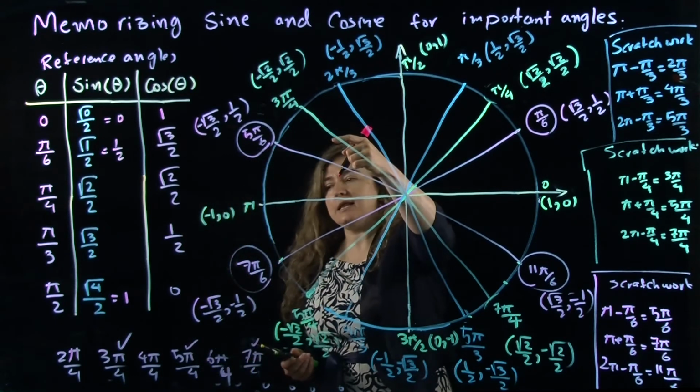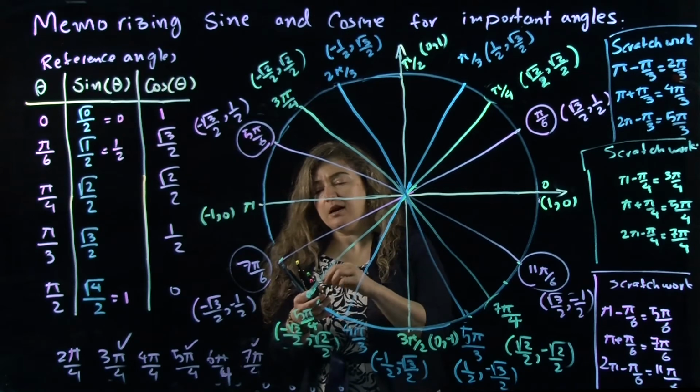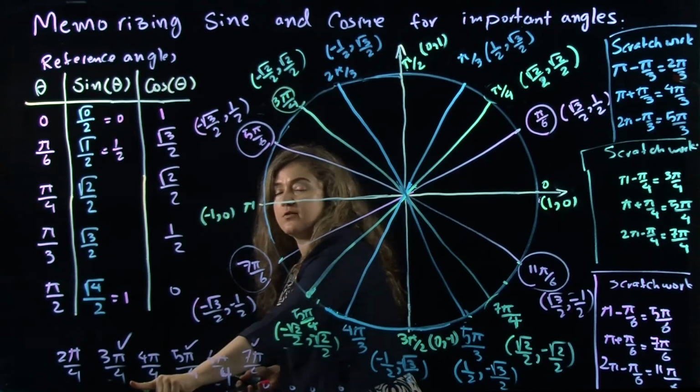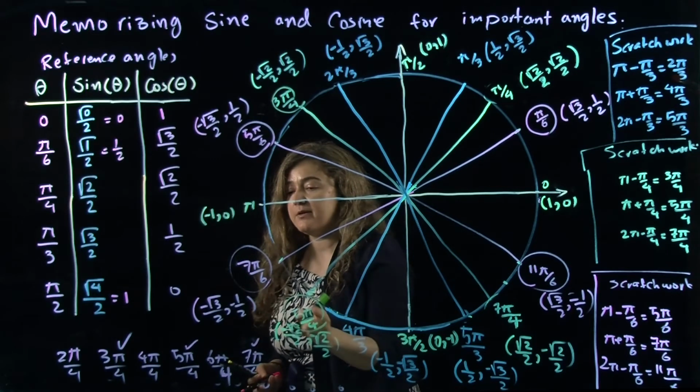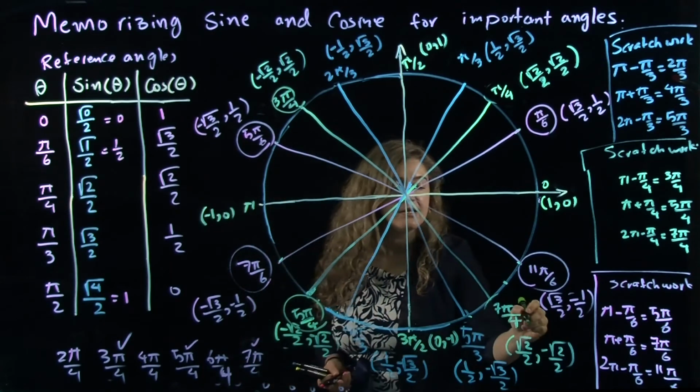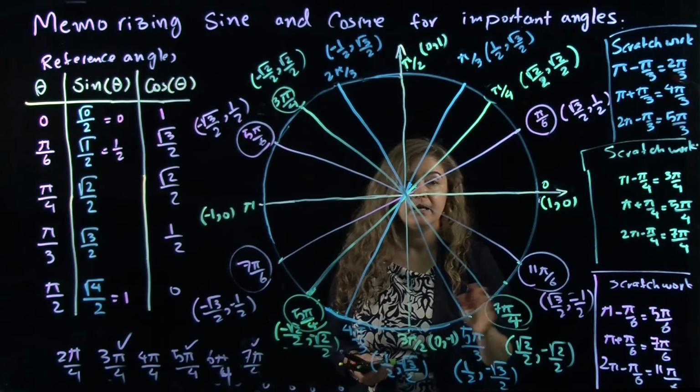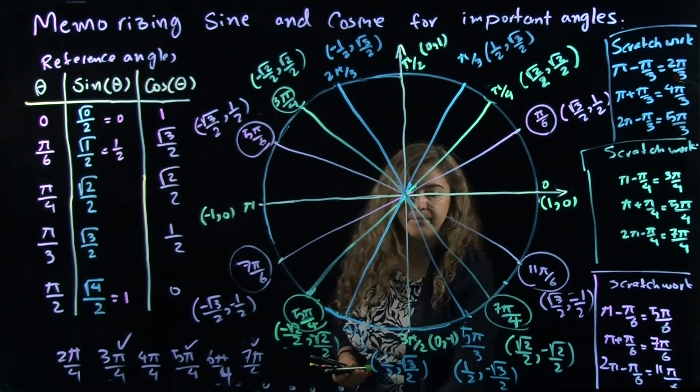So you see that over here I have 3 pi 4, that's the first one in the second quadrant. Then I have 5 pi 4 in the third quadrant and 7 pi 4 in the fourth quadrant.